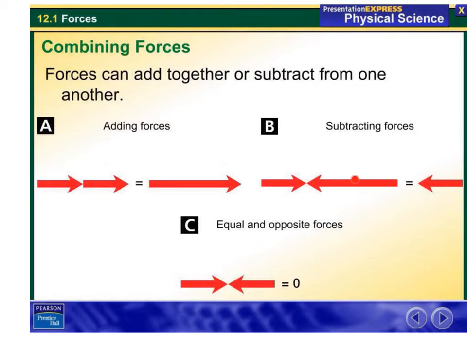This force going to the left has absorbed part of the force going to the right, but it still continues to the left because it was always the larger force. C, again, shows equal, opposite forces that have balanced and canceled each other out, showing us a net balanced force.